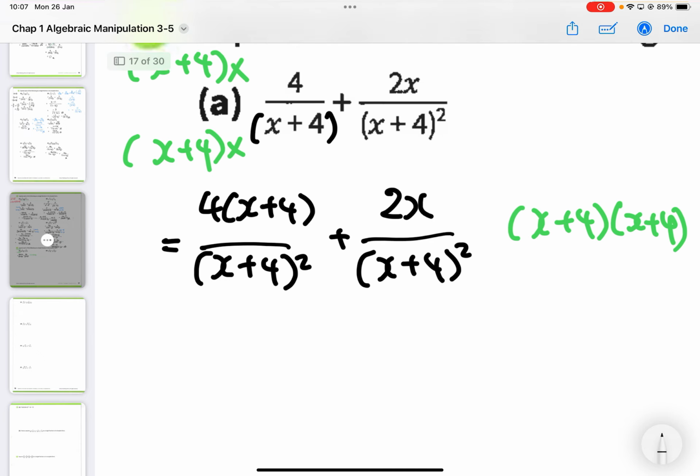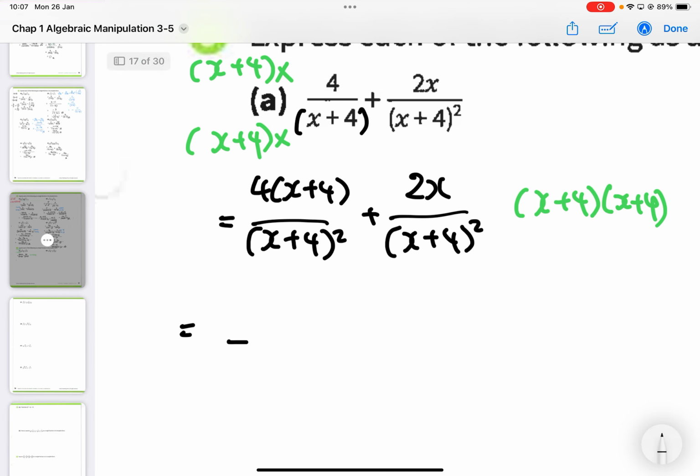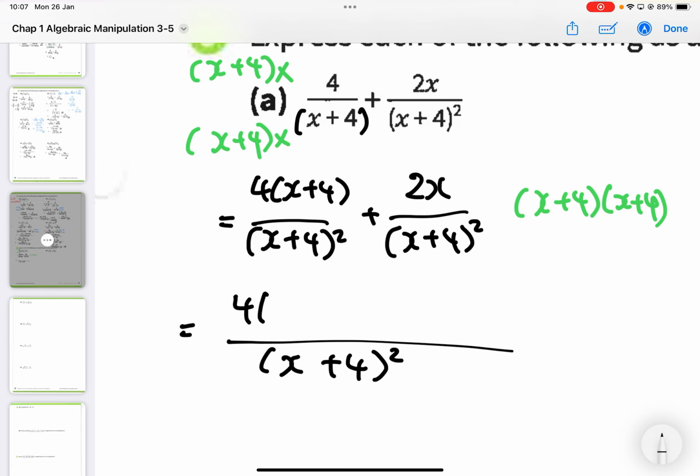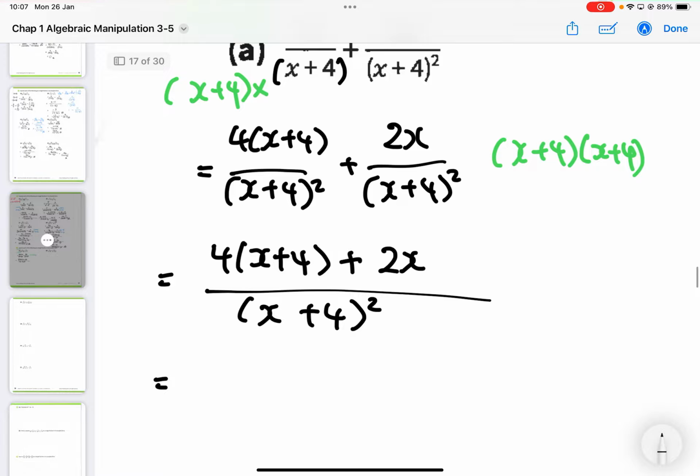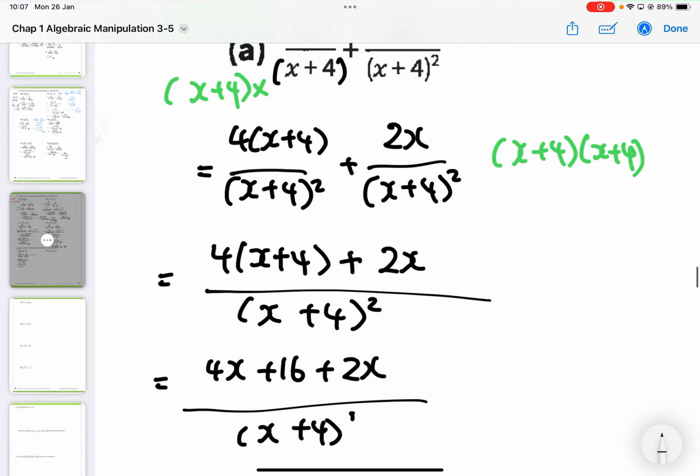Once they become the same denominator, combine them together. Don't expand. And then after that, do my expansion. Then simplify.